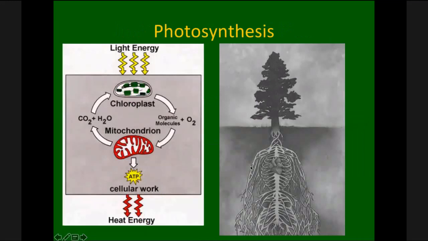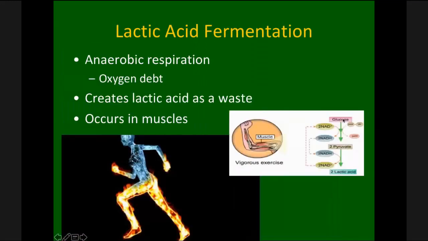So I should mention, when we're talking about aerobic cellular respiration, we always say it yields 36 to 38 ATP. The reason why, did you guys learn this in lab? It's accounting.